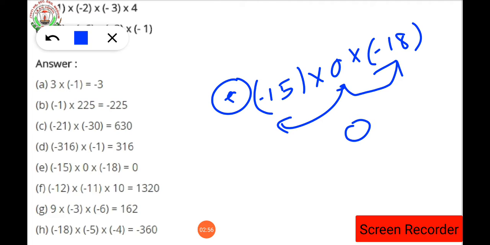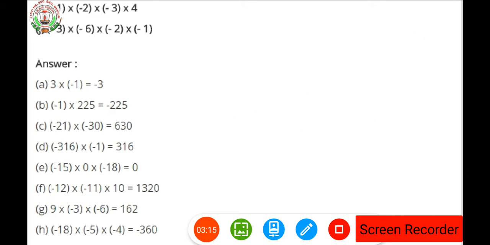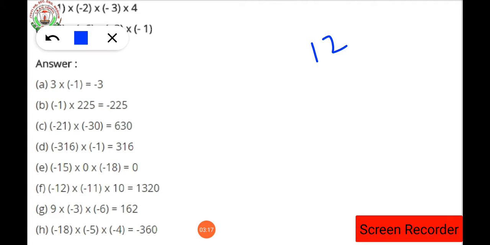Okay. Now, F part of the question, minus 12 into minus 11 into 10. So here 3 numbers are there. Easily you can multiply, as minus and minus will be plus. Then 12 into 11, can do the multiplication here.